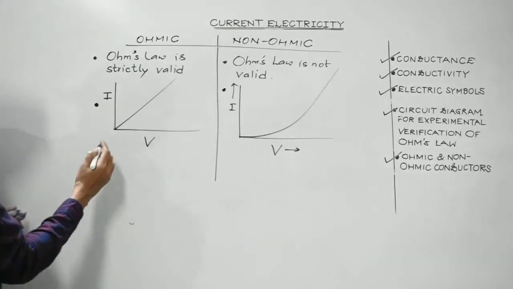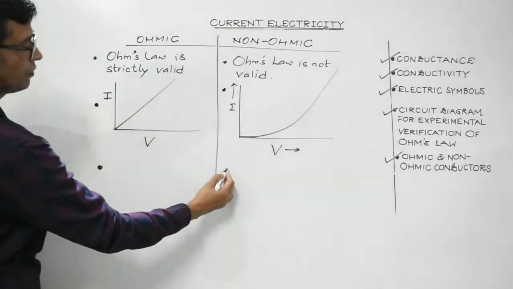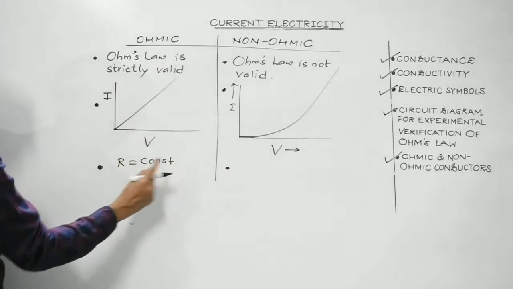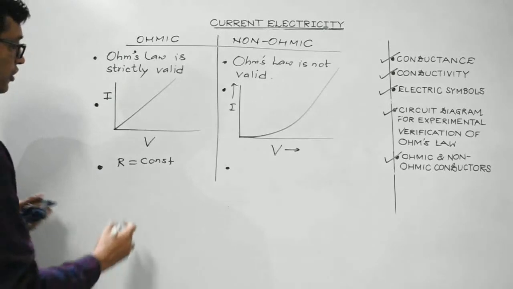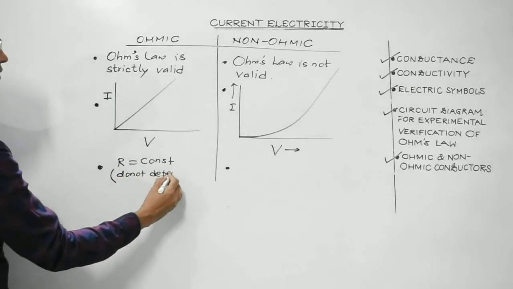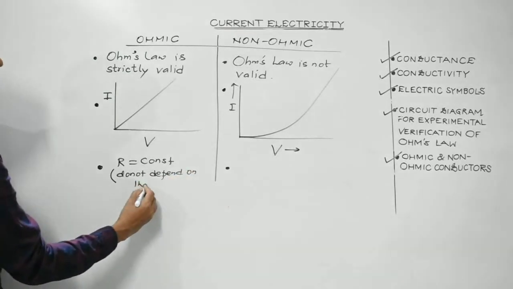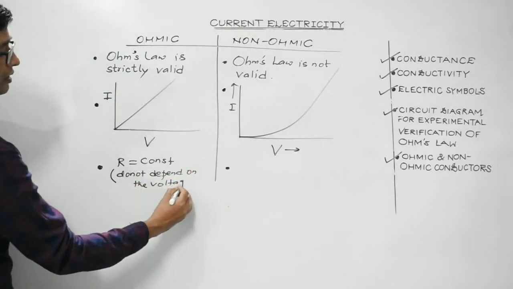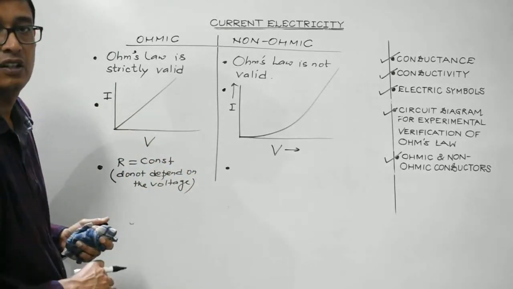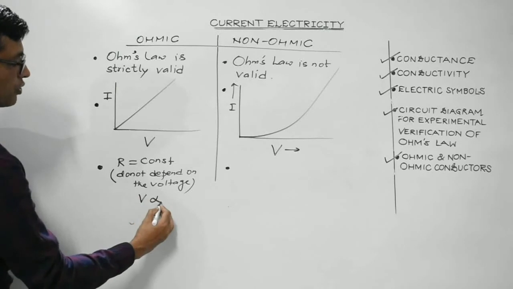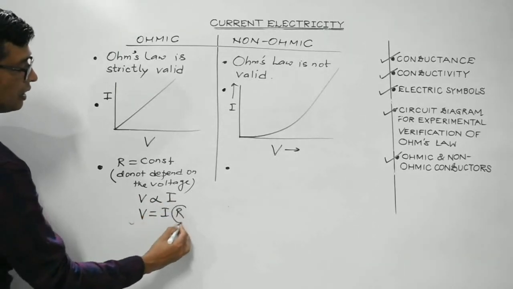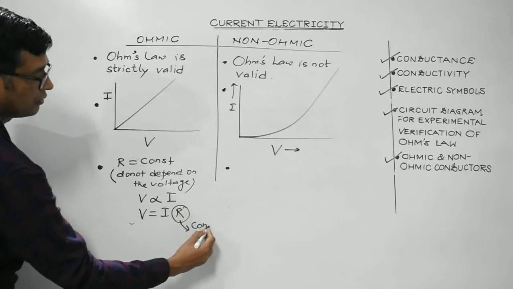Right, students? Third, in this case, resistance is constant. It does not depend on the applied voltage. So resistance is constant. That is why the ratio V by I remains constant, or V is proportional to I. That is, V is equal to IR, and R is constant, which is known as the resistance.